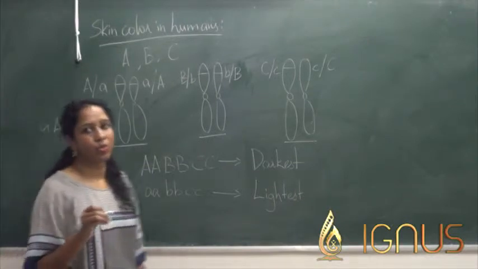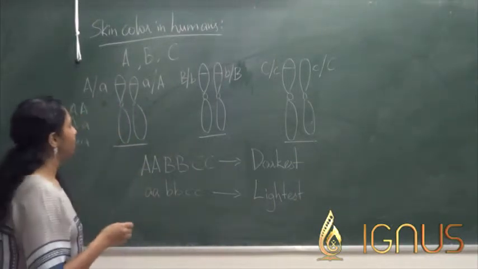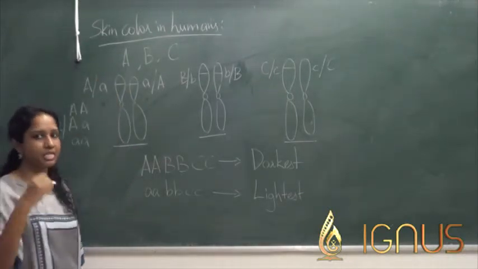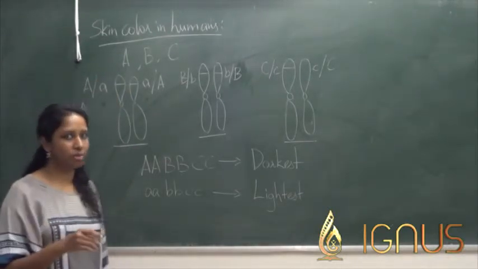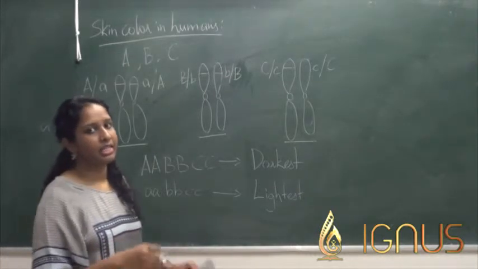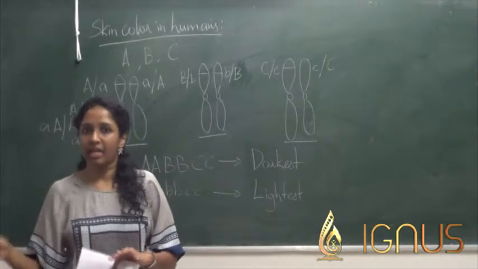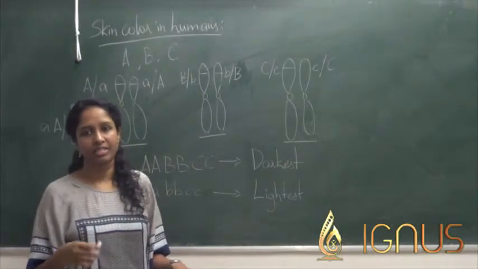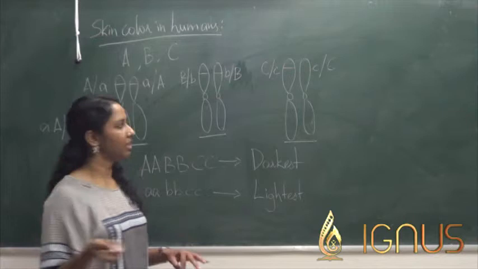Now because this is quantitative inheritance, depending on the number of dominant alleles present, if more dominant alleles are present, then the skin color is going to become darker. If more recessive alleles are present, the skin color is going to become lighter.